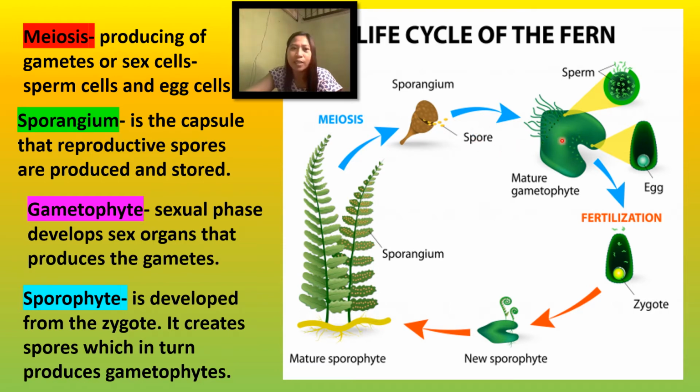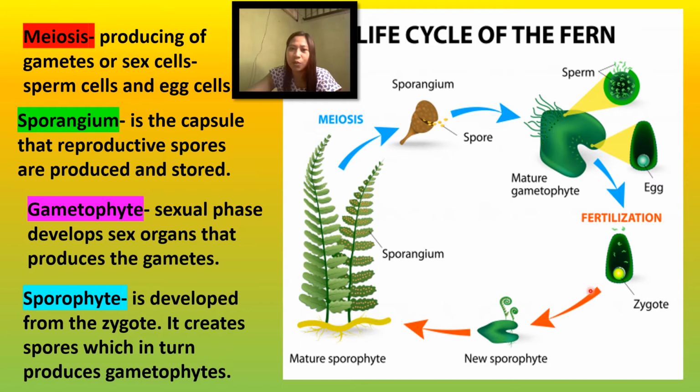The next stage is the gametophyte stage, where the sexual phase is developed, or the sex organs of the fern are developed and produce the gametes. When these two cells unite through fertilization, they produce the zygote. Zygote is the fertilized egg.